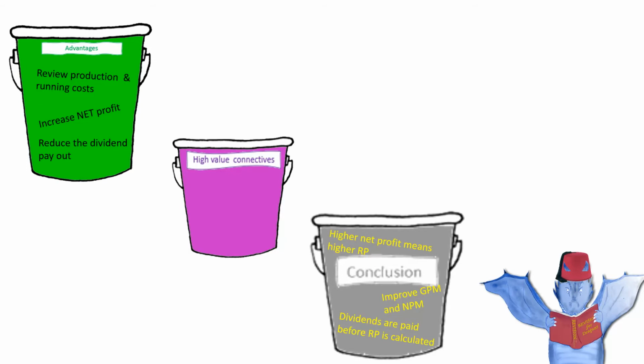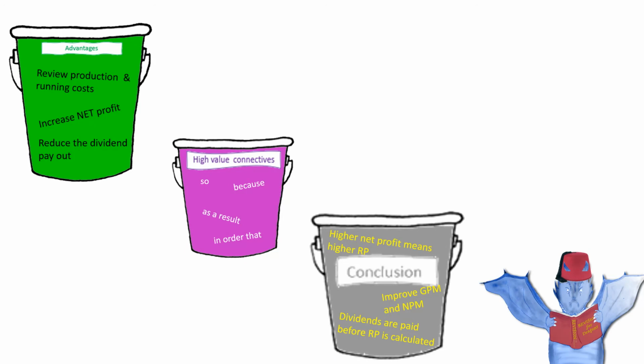When you want to reduce the dividend, the shareholder payouts, then the dividends are actually calculated before you take retained profit, and the final answer is the higher net profit means ultimately you would have a higher retained profit. So I've given you the statements, I've actually now given you the consequences of those statements.